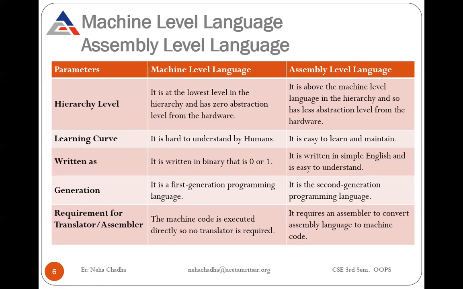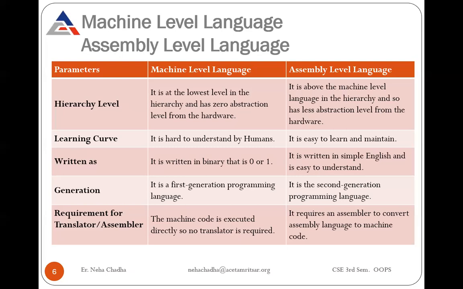It can directly interact with the hardware. You don't need any intermediate; if you have written your machine level language code, you don't need to convert it into another format that your hardware can understand. If I have written 101011, it is understandable to the hardware, whether it means add or whatever operation I want to give.